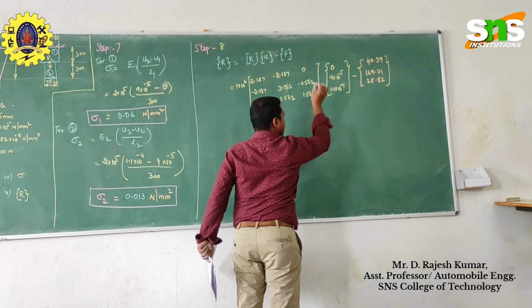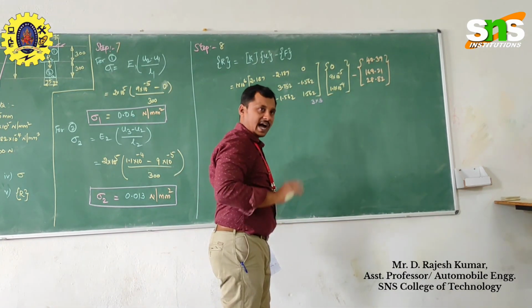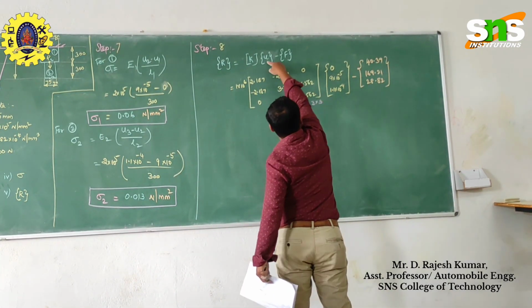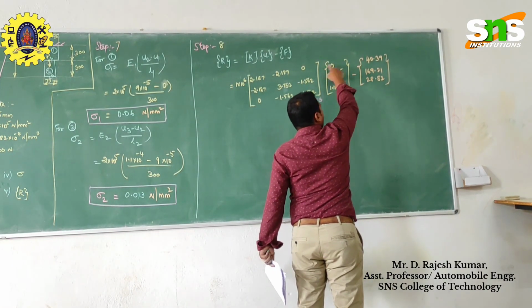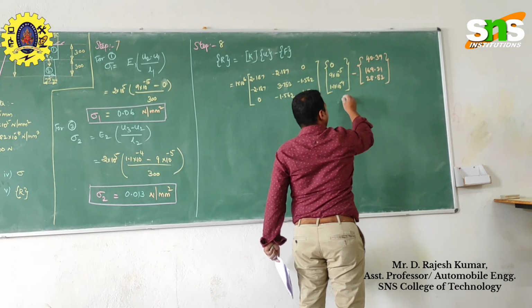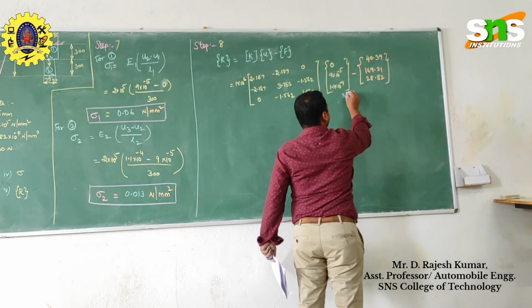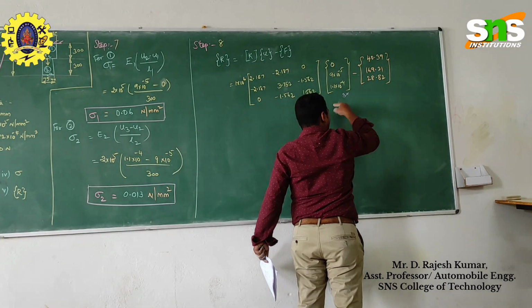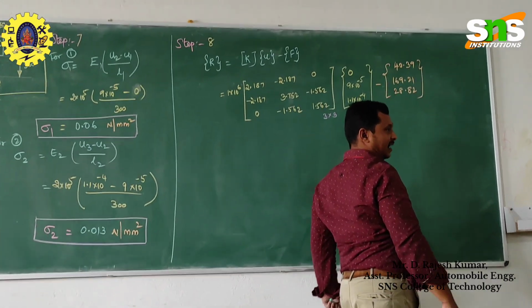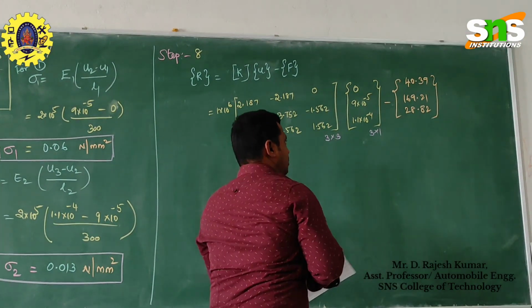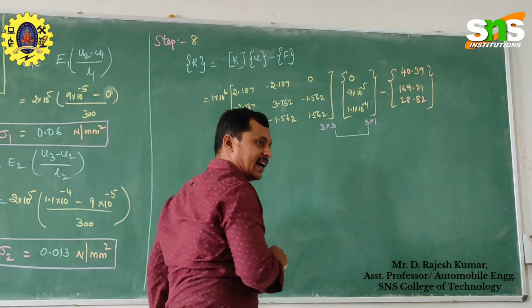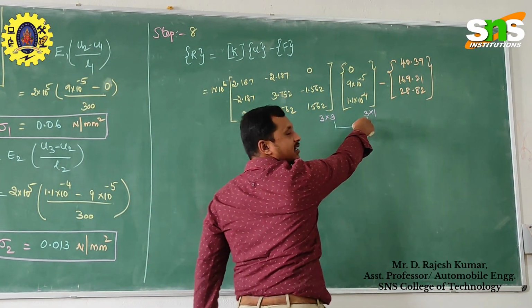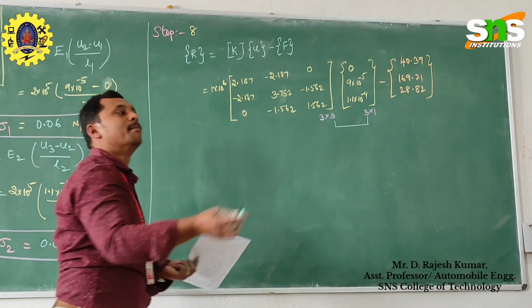So it is a 3 cross 3 matrix. The displacement vector has 3 rows and only 1 column, a 3 cross 1 matrix. You can multiply these because the inner dimension is 3.